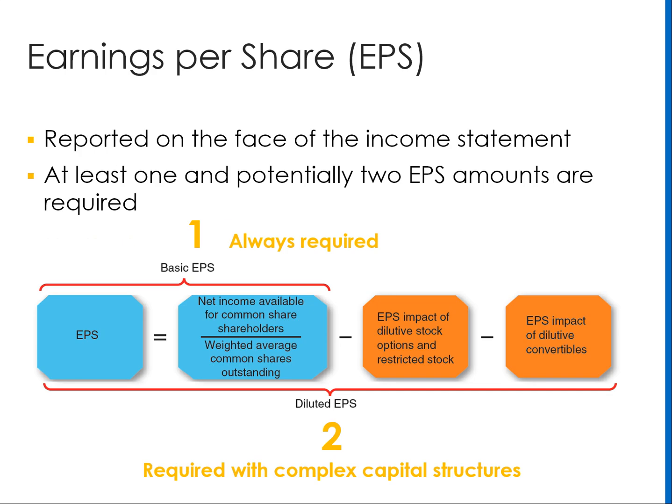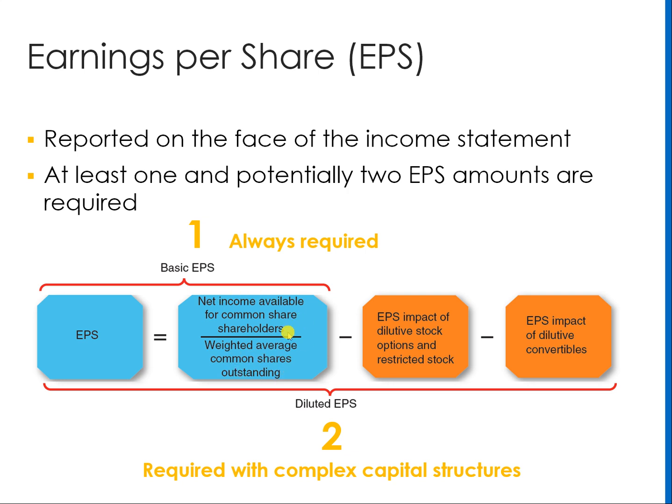Another ratio we often use is earnings per share. Typically, two earnings per share measures are required on the income statement. One is basic earnings per share: net income available for common shareholders divided by weighted average common shares outstanding.